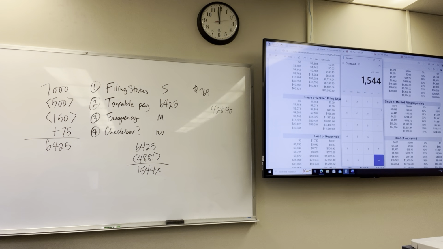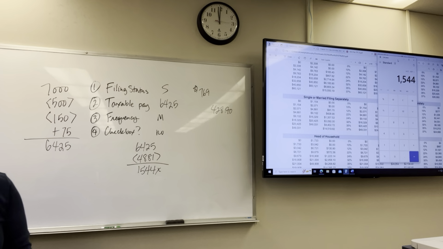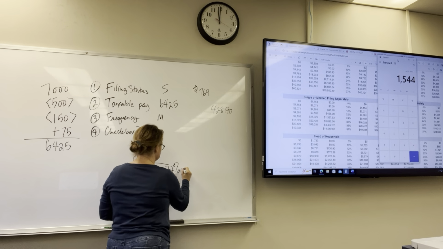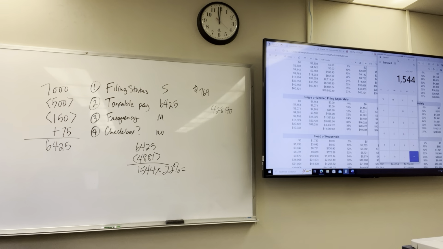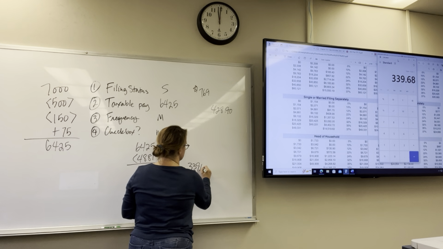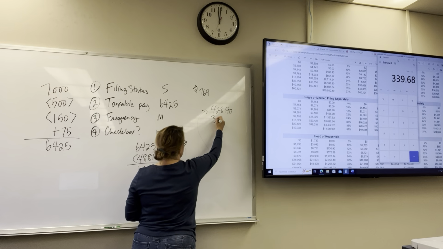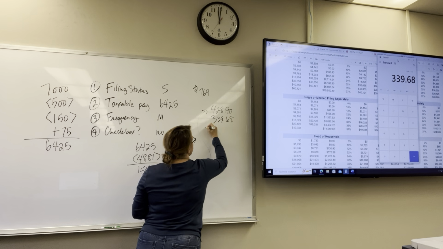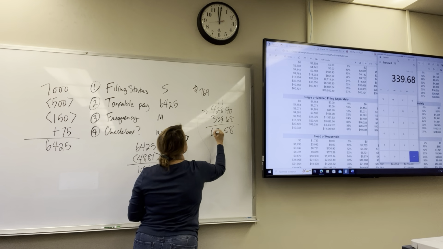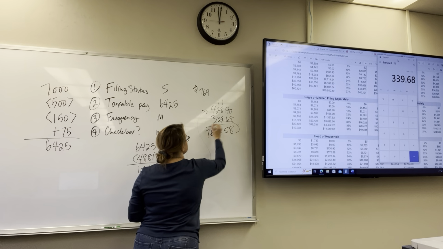My percentage covered up again. 22%. $339.68. Add those together. 768.58.